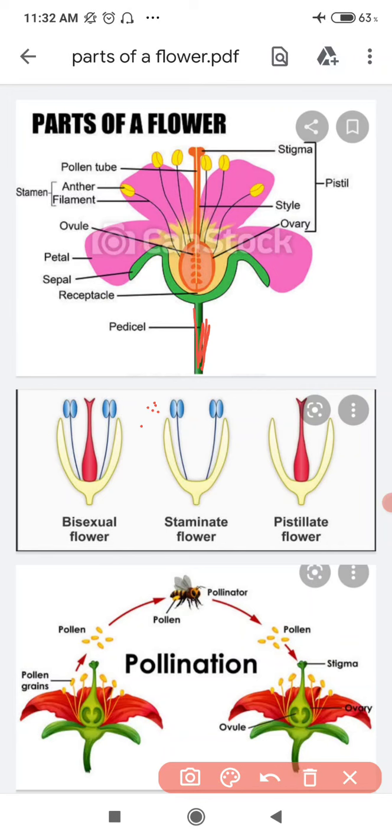The green petal-like growth coming out of the thalamus are sepals. The sepals enclose and protect the flower when it is a bud. Sepals make the first and outermost whorl called calyx.